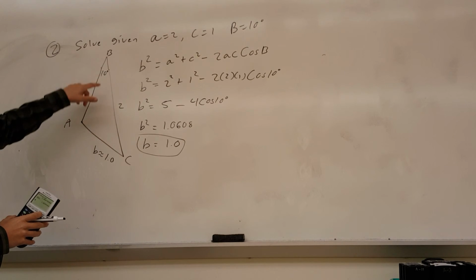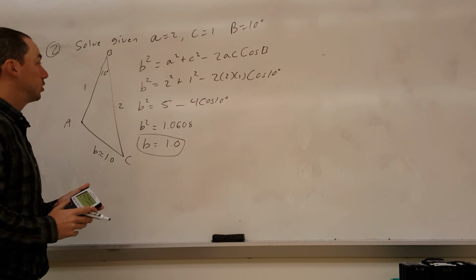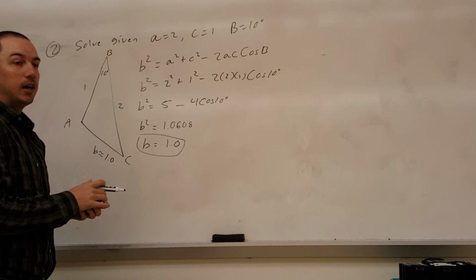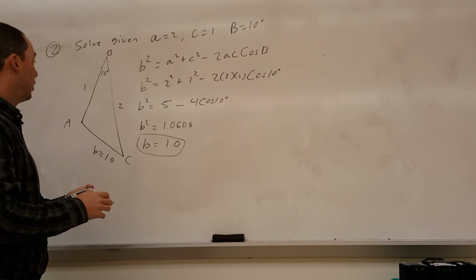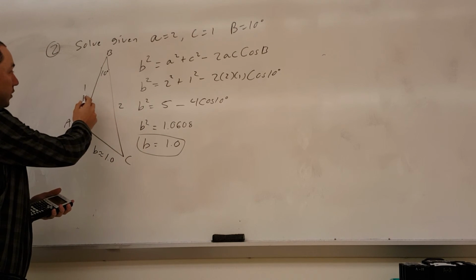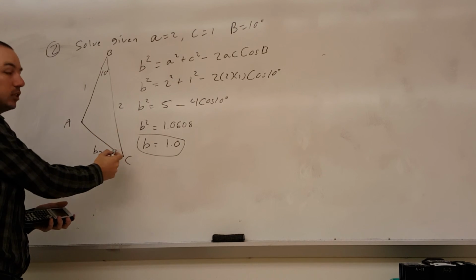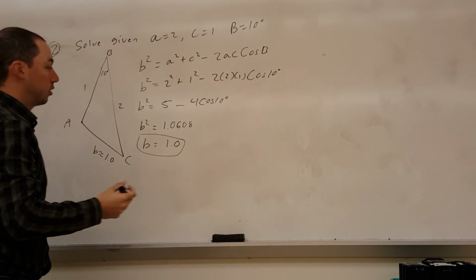Now, we have an angle and its opposite side. We can start finding these other angles. You can use law of cosines, or we can use law of sines if we know that it's going to be an acute angle. If we find angle C, it's opposite of side C, which is 1. 1 is less than this side, which means that angle C must be acute. Law of sines will work.